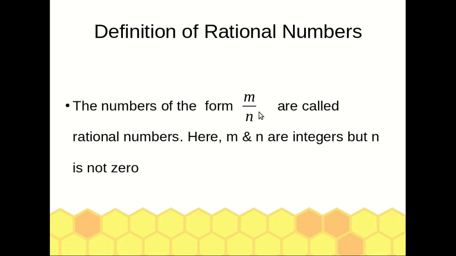The condition is that m and n are integers, and n, the denominator, should not be 0, which means n does not contain 0. This is the condition of a rational number.